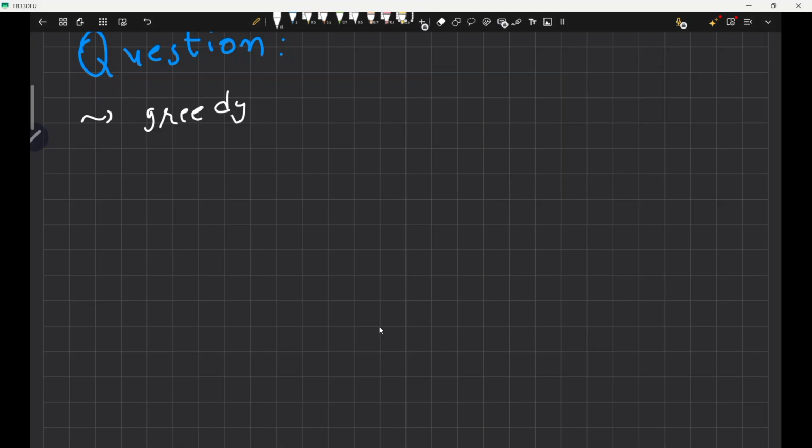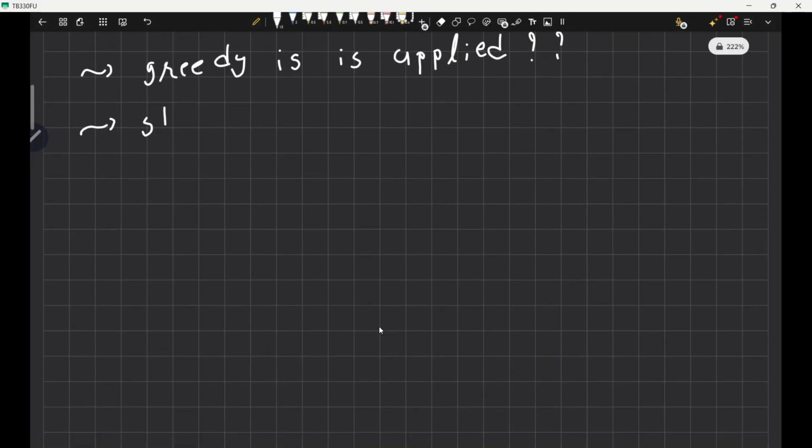Because in some case if greedy is applied, then it is going to be slightly easier for you. So just check if greedy is applied. If it is not applied, then you just check what is the state of DP. What is the state of DP? Because again, in the non-fundamental question, there can be many states. So it will depend on what data you need from the previous elements. What data you need to calculate for this one, right?